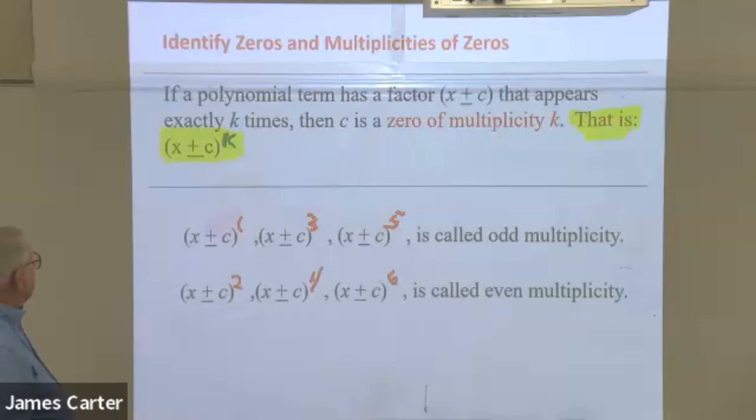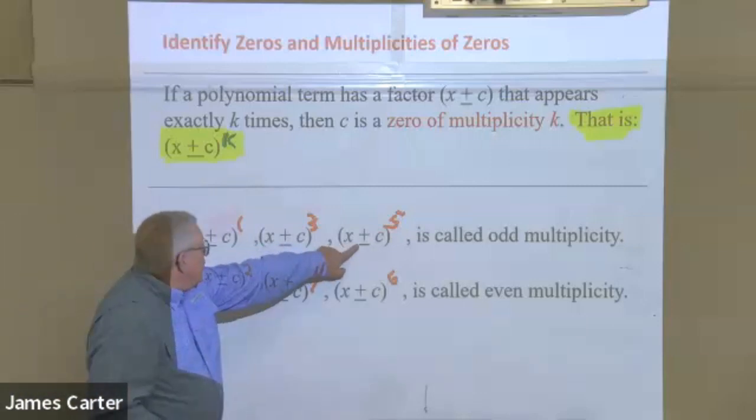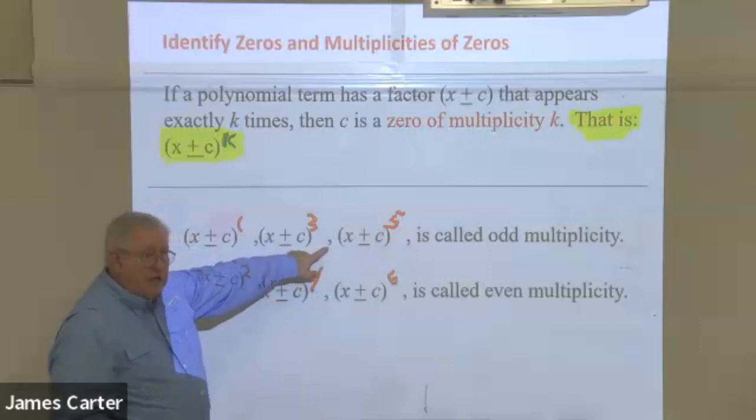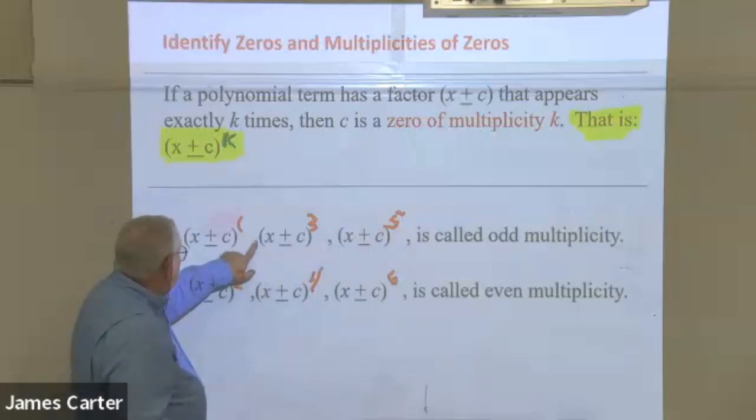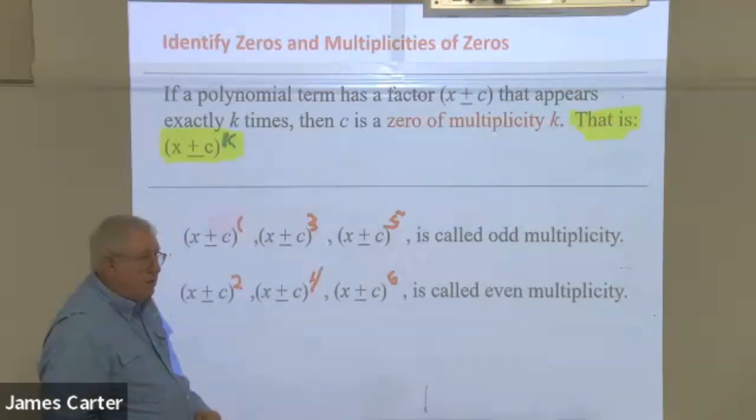Now, in this case, if I had those three multiplied together, I've got commas. I really shouldn't have put those commas there because I really intended for them to multiply together.